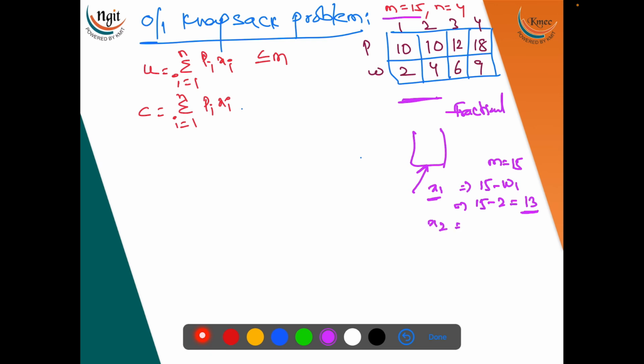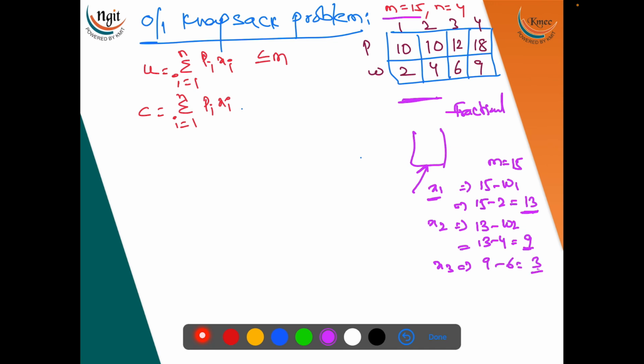Now I'm placing the x2 item. The remaining capacity is 13, and w2 is 4, so 13 minus 4 is 9. So still 9 kgs I can use. Now I'm placing the x3 object. If I place x3, 9 minus 6 is 3.